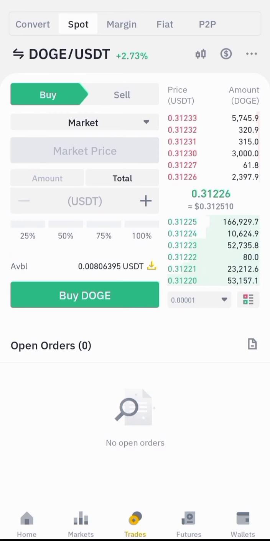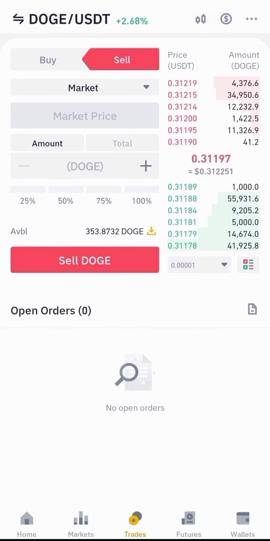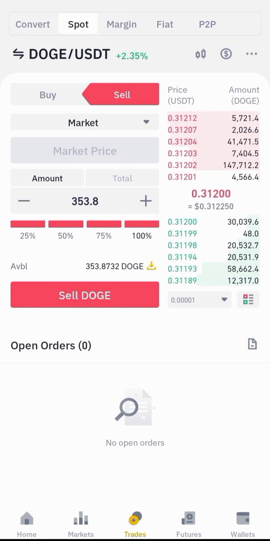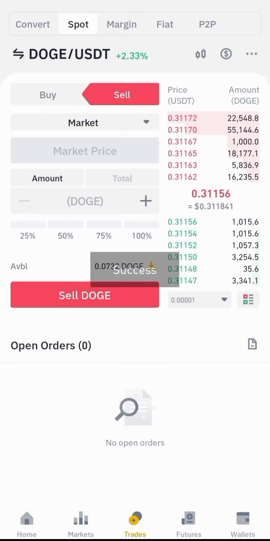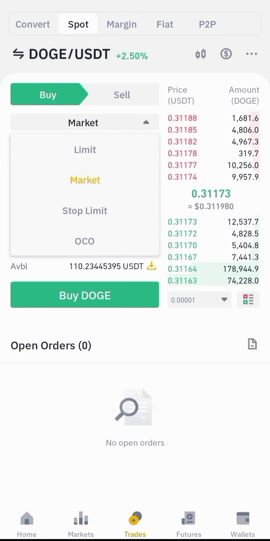So I can choose to sell it back, using the same market order. Just sell it back. So I just bought and sold my Doge. So that's for market order.